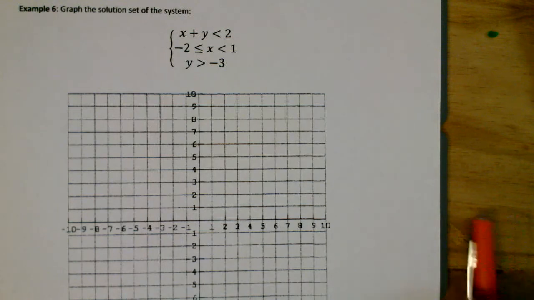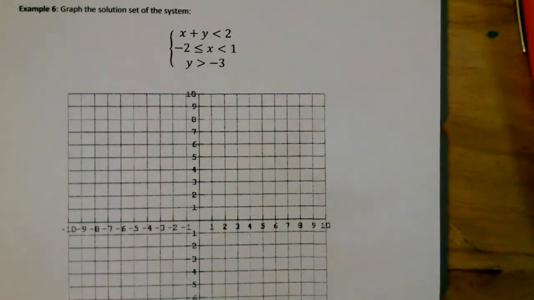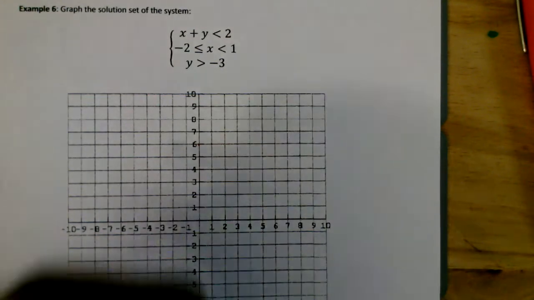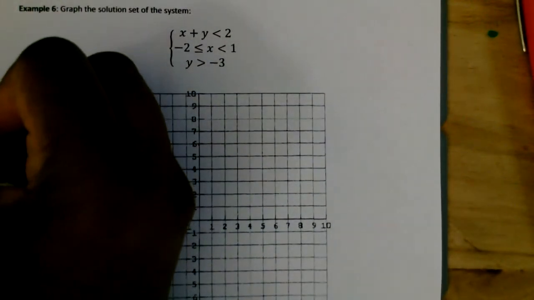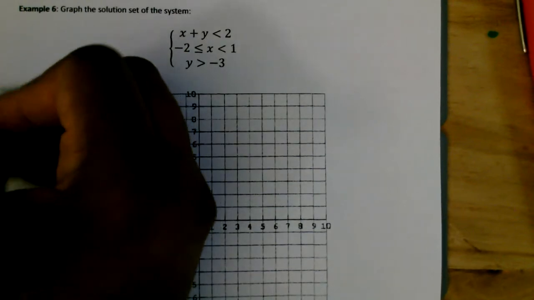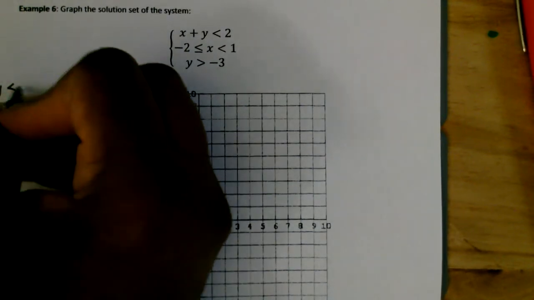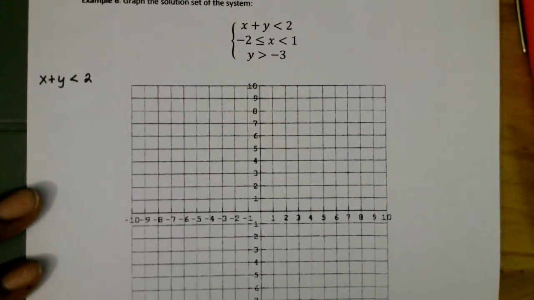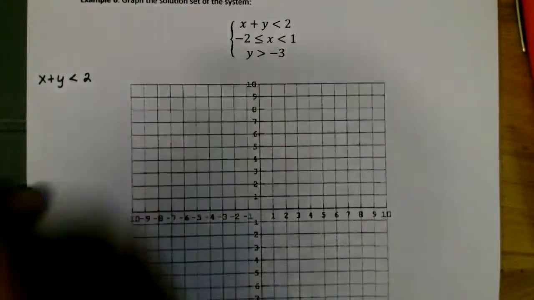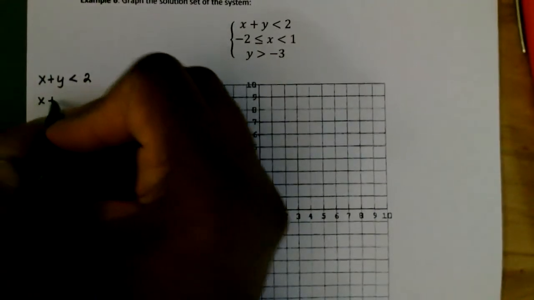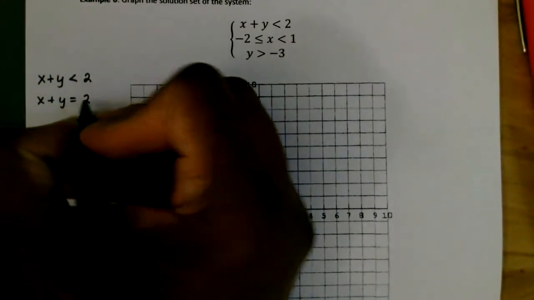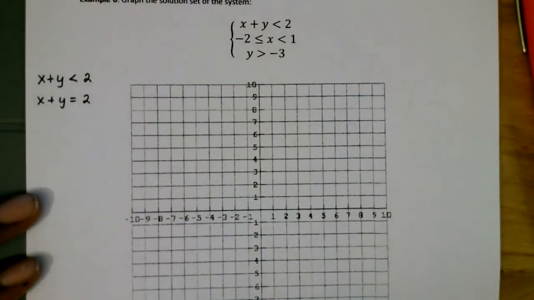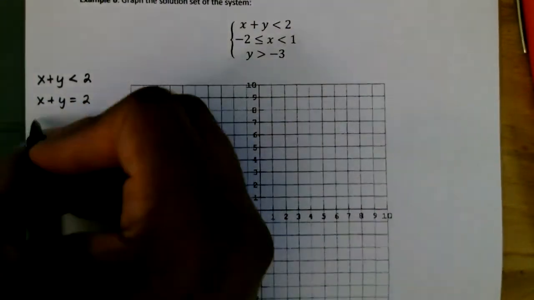Now the first inequality, we might need to do a little work on this one, because here we got x plus y is less than 2. So we want to graph this as if it was x plus y is equal to 2. Now we can use x and y intercepts to graph this.